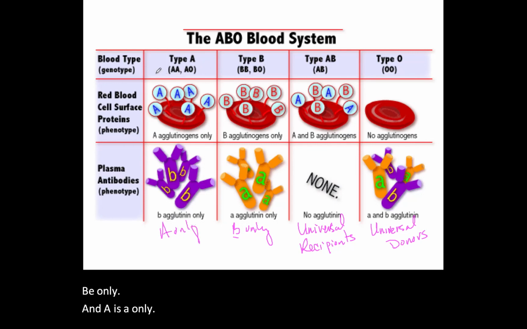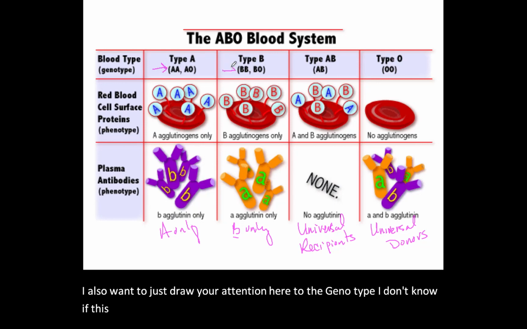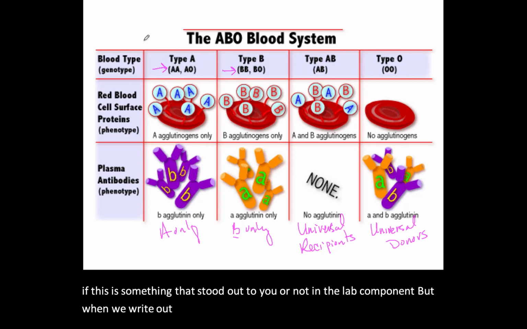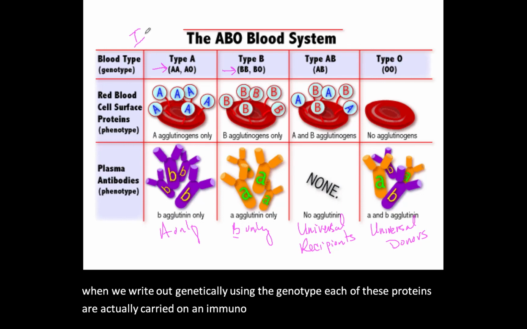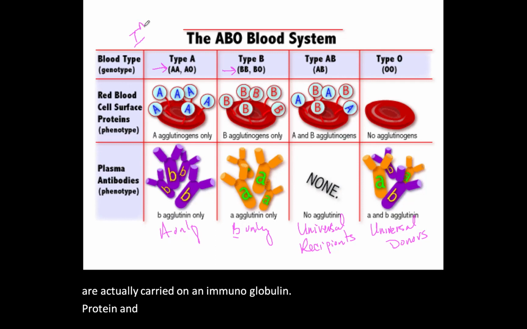I also want to just draw your attention here to the genotype. I don't know if this is something that stood out to you or not in the lab component, but when we write out genetically using the genotype, each of these proteins are actually carried on an immunoglobulin protein, and so this A antigen would be carried on an immunoglobulin, and maybe this one came from dad.